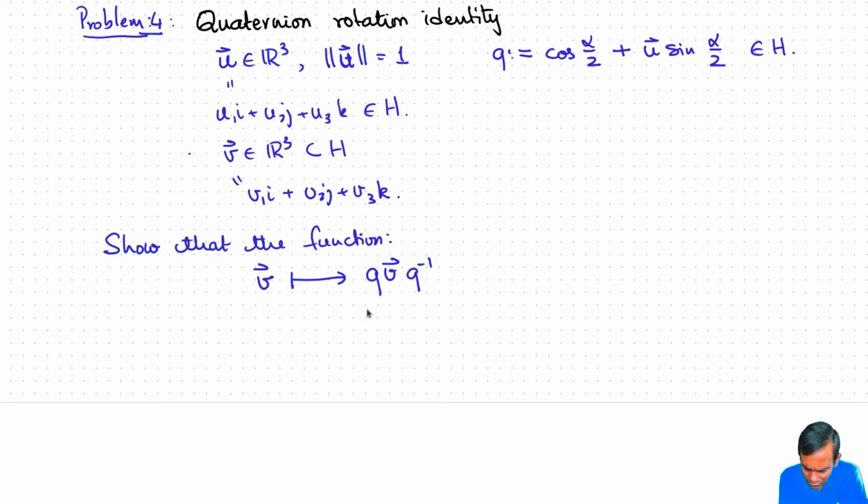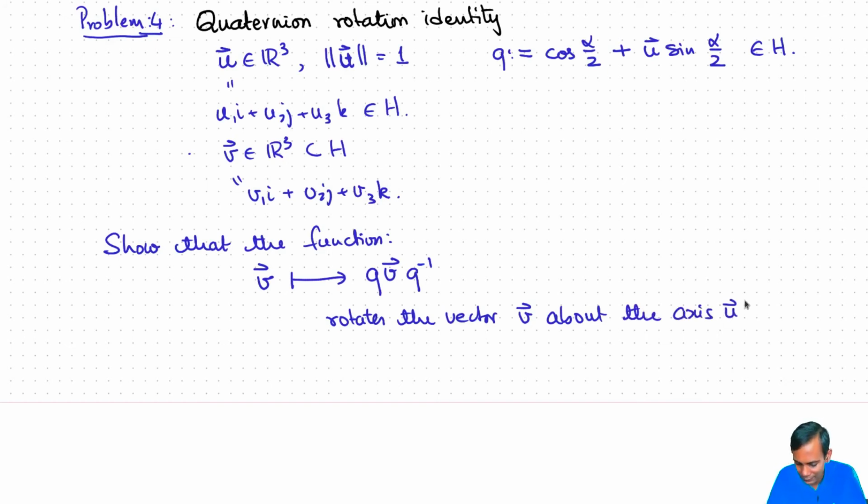So what does this function do? It rotates the vector v about the axis u. So think of u as a vector in R3, think of it as an axis, by angle alpha, this same alpha that's appearing in the definition of Q, in the direction given by the right hand screw rule.